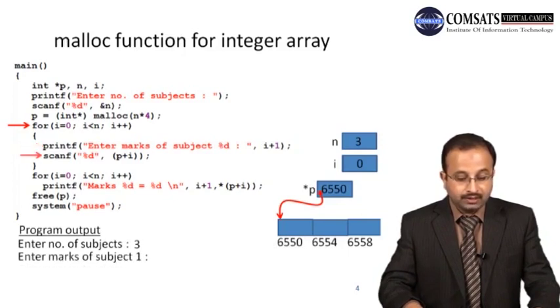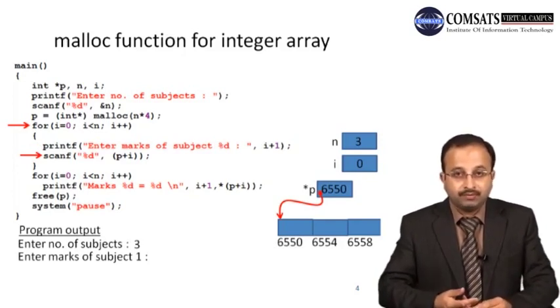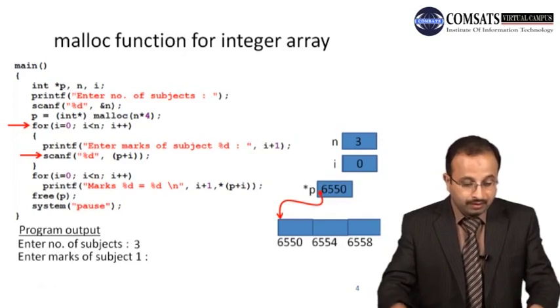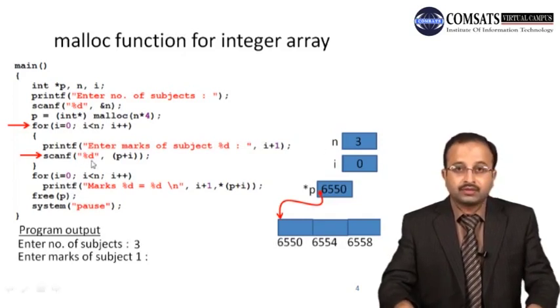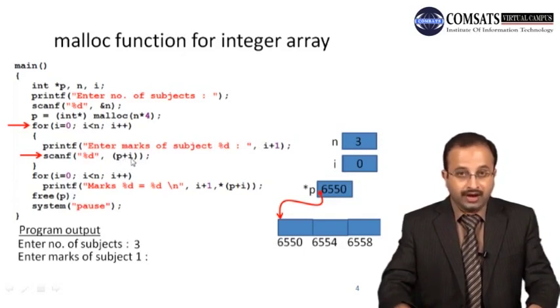And then in the scanf function you have to take input. So scanf function means you have to tell 2 things. First is the type of the input and second is the memory address where you want to store that input. So first thing is very well known to you, that is %d. The type of the input is integer, but this is the memory address. So memory address is p plus I. So you are adding I, value of I is 0, so you are adding 0 in p.